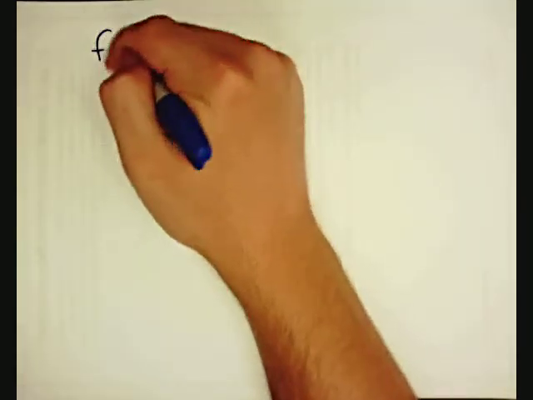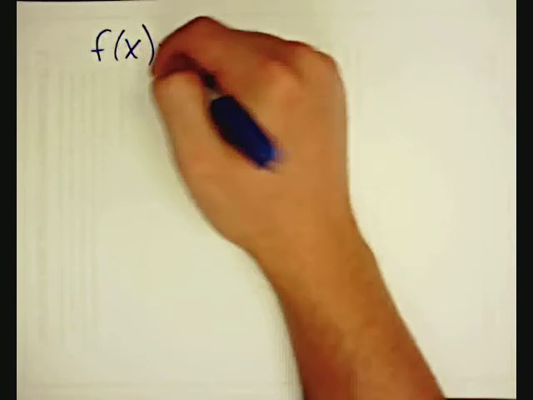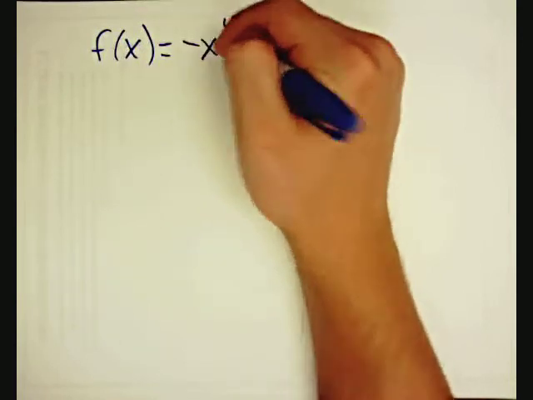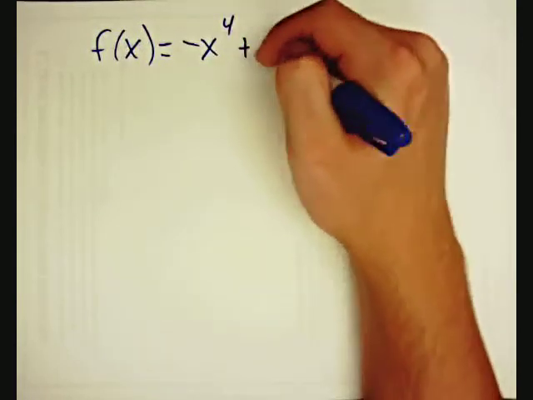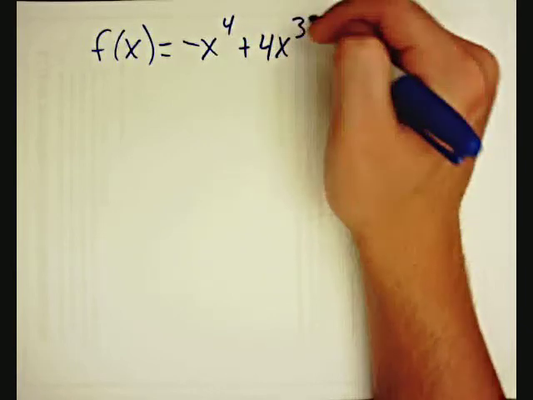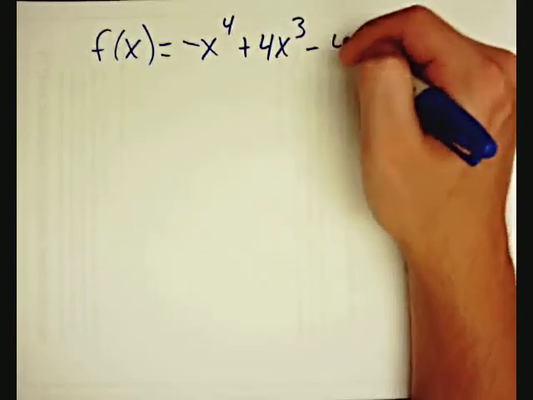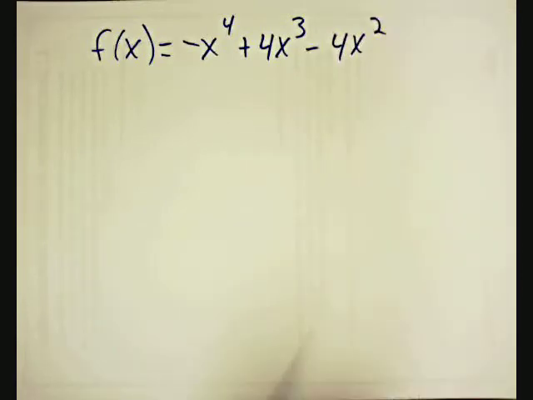Example 5: find the zeros of f of x equals negative x to the 4th power plus 4x cubed minus 4x squared. Give the multiplicity of each zero and state whether the graph crosses the x-axis or touches the x-axis at each zero.